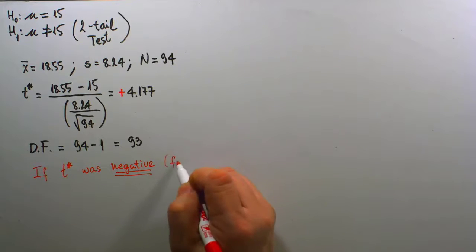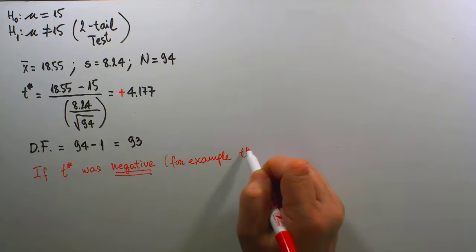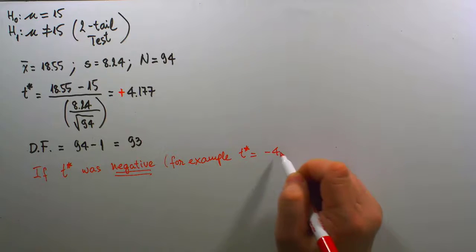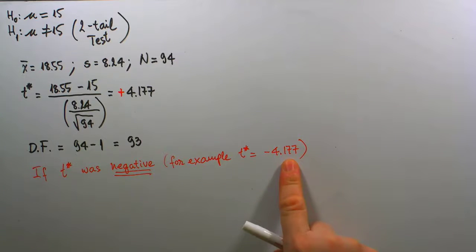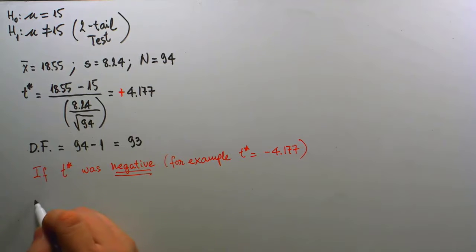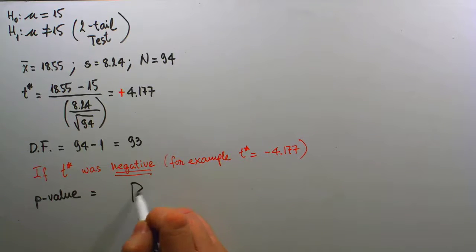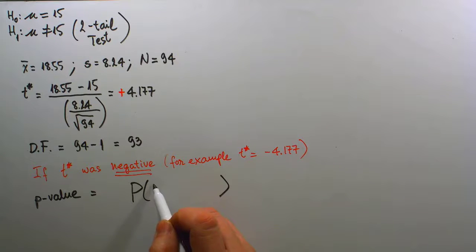So we had our T-score be positive, that's for sure, but I'm saying that if the T-score was negative, for example, if for any reason we calculated our T-score to be a negative value, negative 4.177, for example, even though of course it didn't happen in our problem, then when we proceeded to our p-value calculation, as usual we will fire up the probability calculation, looking for sample mean at size 94.